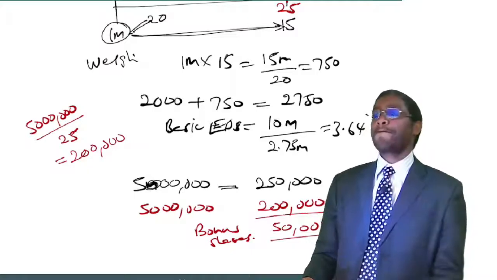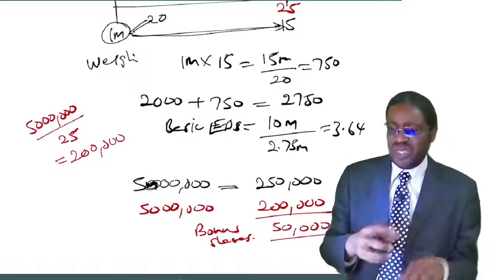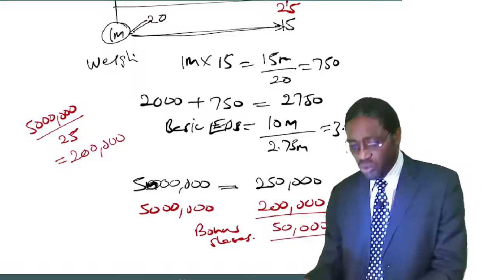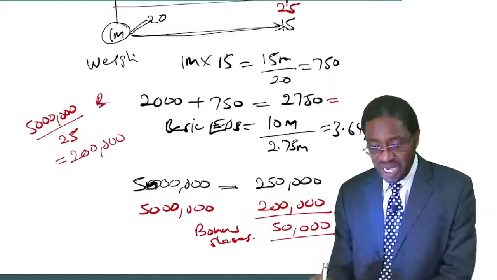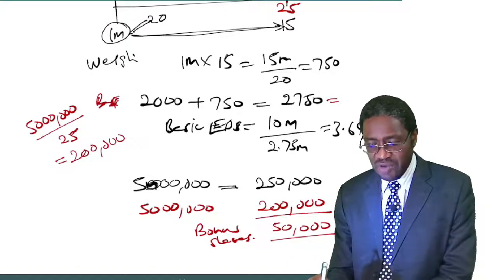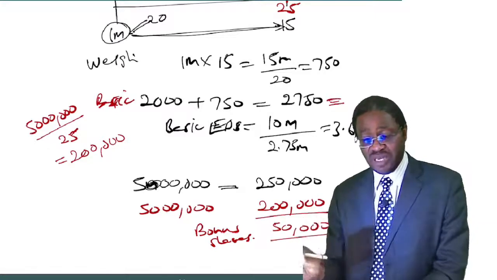Listen. So, the number of shares you use for basic EPS, which is how many? We used 2750. You see there above, for basic EPS, we used the weighted average number of shares, 2750.